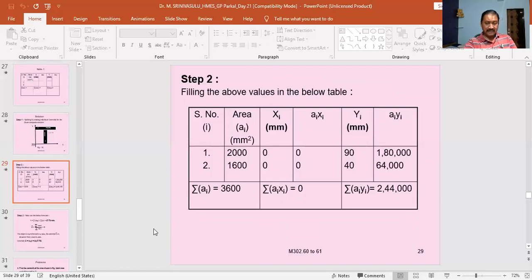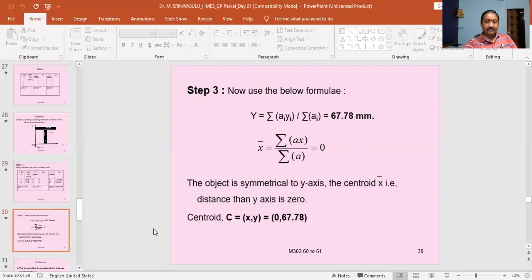Now sigma a we got 2000 plus 1600 becomes 3600, and sigma ai into yi, that is a1 into y1 plus a2 into y2, comes to 2,44,000.